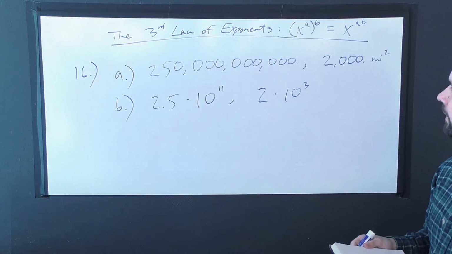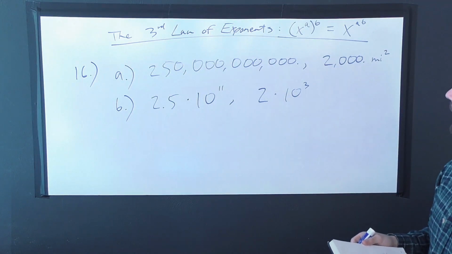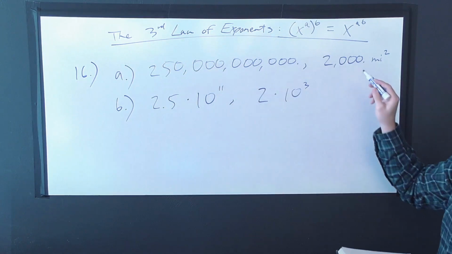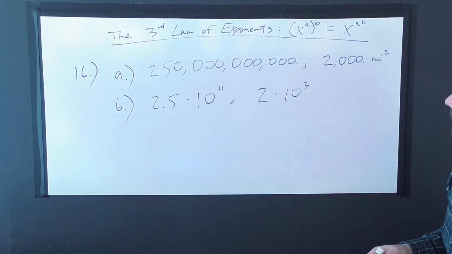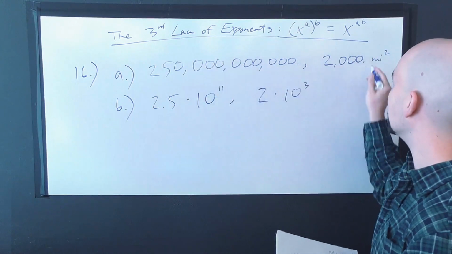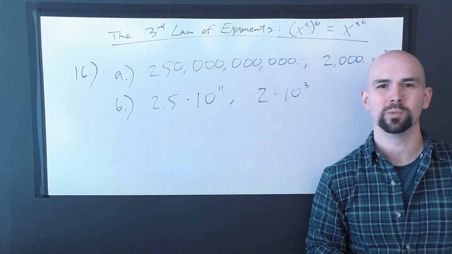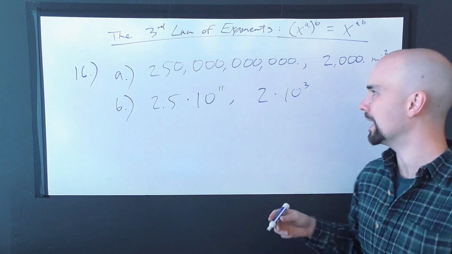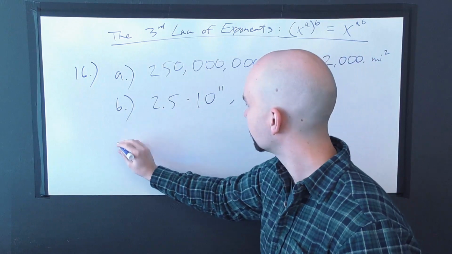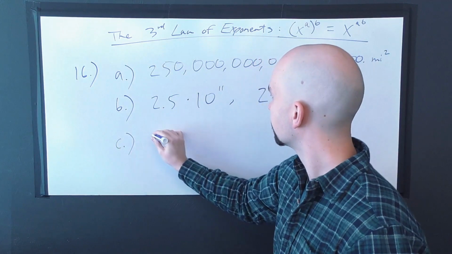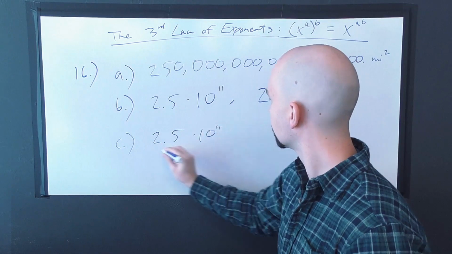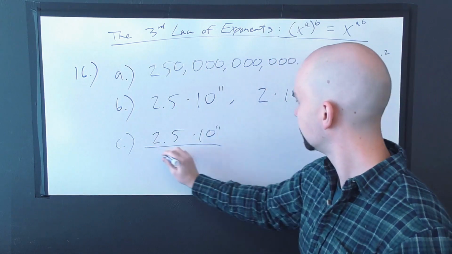Well, what we could do is if there were 250 billion and 2,000 square miles, then we can divide 250 billion by 2,000, and that'll tell us how many there were in each square mile. So I can divide this by this.